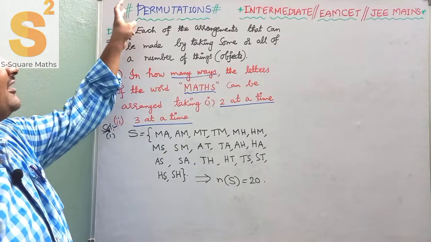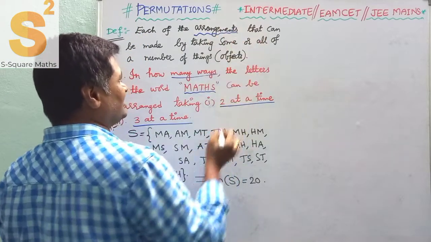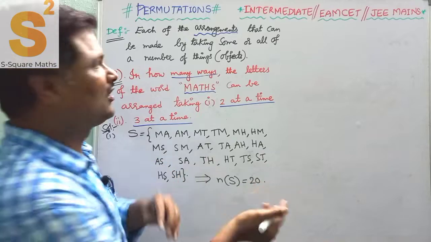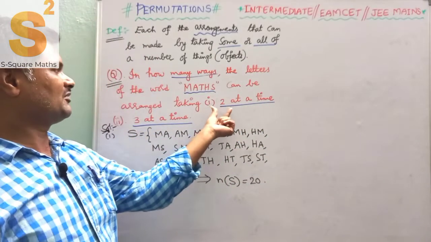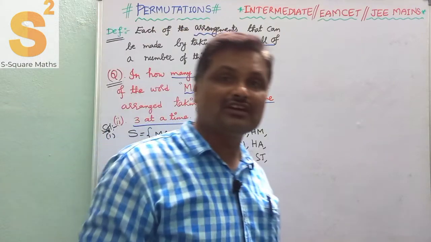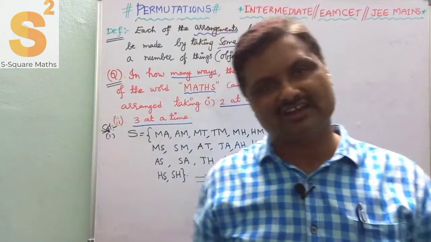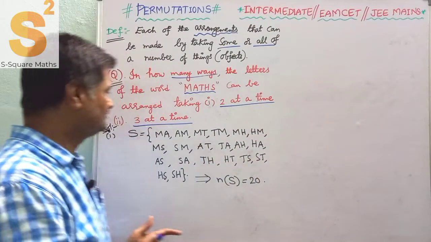So what do we mean by permutations here? Each of the arrangements taking some or all. Here the first part is taking 2 at a time, taking 3 at a time. You can also go for taking 4 at a time and 5 at a time.